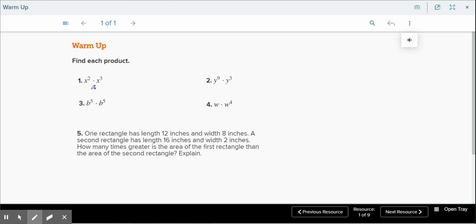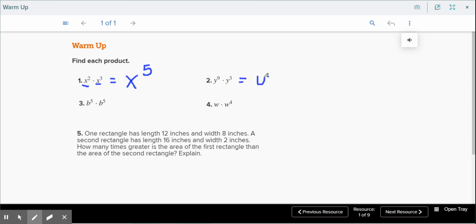Anytime that we multiply monomials together, our base number, that number with the exponent attached to it, remains the same. And if we're multiplying, we're going to add our exponents together. We also looked at dividing monomials, and when we divided, our base number stayed the same, and we subtracted our exponents.